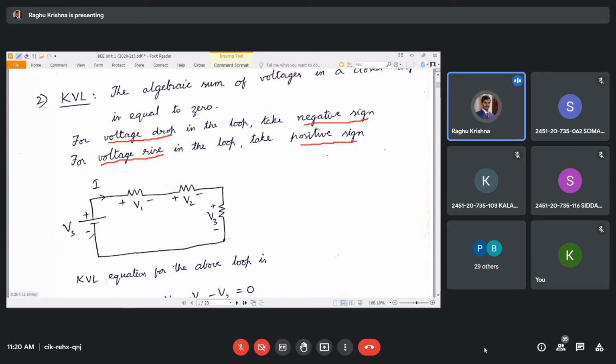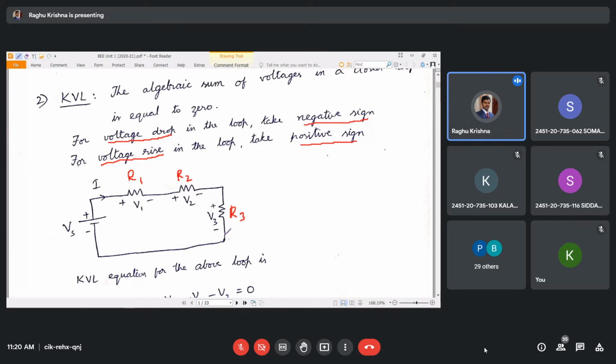This is a DC voltage source, connected in series with 3 resistors. You can take this as R1, this is R2, this is R3. R1, R2, R3, 3 resistors are connected in series, and I is the current flowing through these resistors.